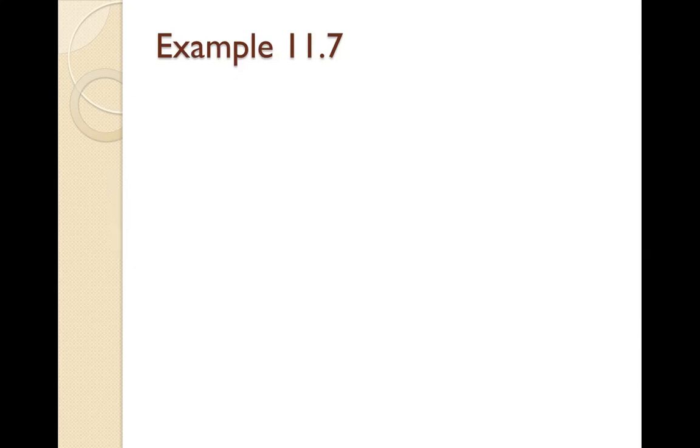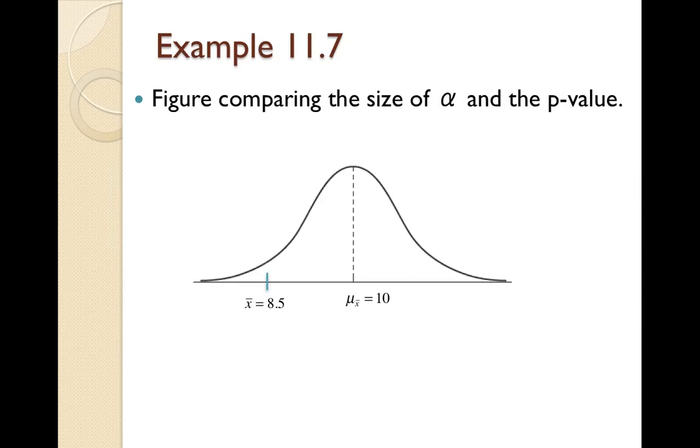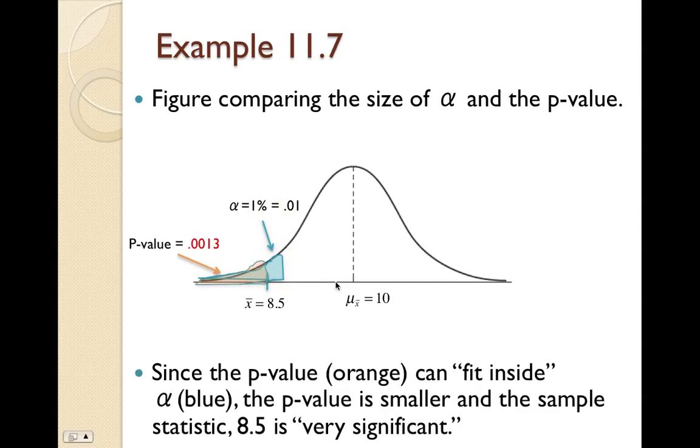And then if we look at a visual example of what this means, alpha is 1%. This piece of area in my drawing does not look accurate for 1%, but just visualize that alpha is bigger than the p-value. The p-value is the area that goes from negative infinity up until 8.5. 0.0013 is a very small piece of area, so maybe the picture is not too accurate, but you should just recognize that it fits inside alpha.